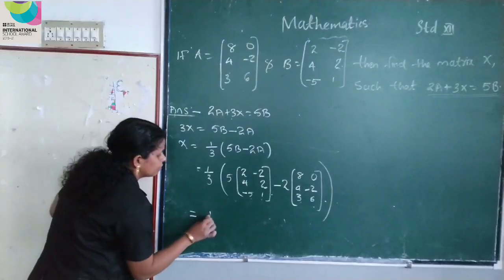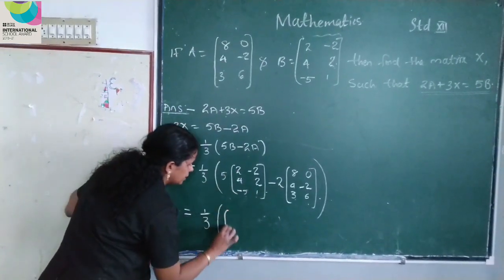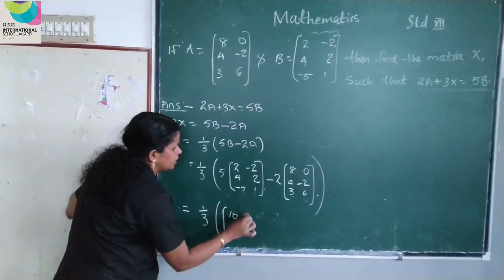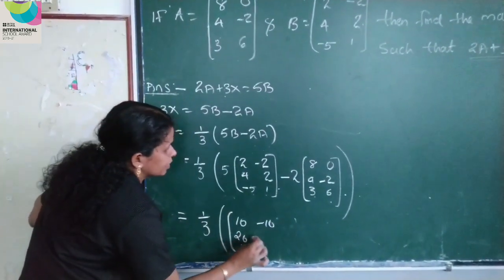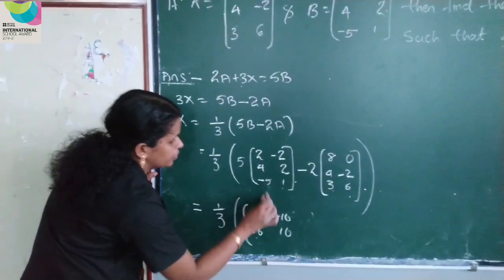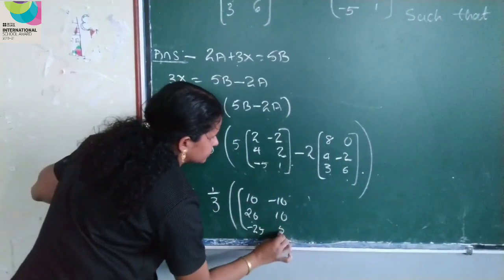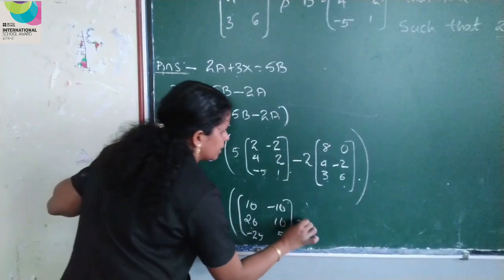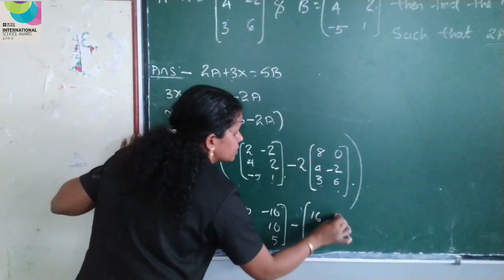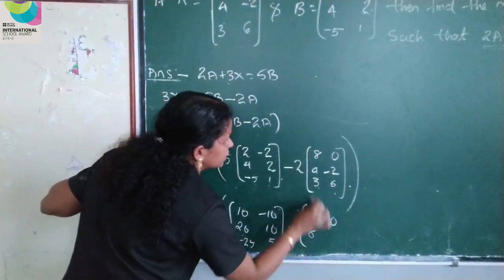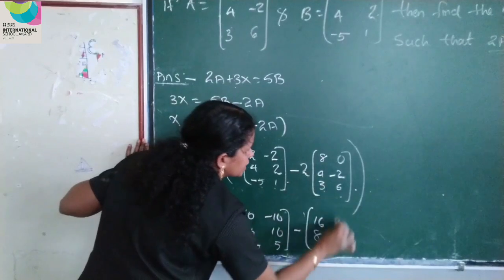So 1 by 3 into 5 into matrix [10, minus 10, 20; 10, minus 25, 5] minus matrix [2 into 8 is 16, 2 into 0 is 0, 2 into 4 is 8; 2 into minus 2 is minus 4, 2 into 3 is 6, 2 into 6 is 12].